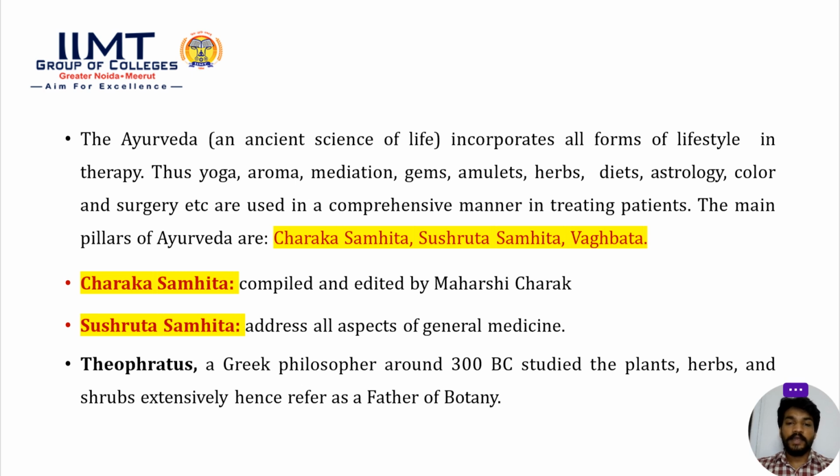So the Charak Samhita compiled and edited by Maharshi Charak at that time, and Sushrut Samhita addressed all aspects of general medicine. Next is Theophrastus, the Greek philosopher around 300 BC studied the plants, herbs, and shrubs extensively, hence referred as the father of botany.